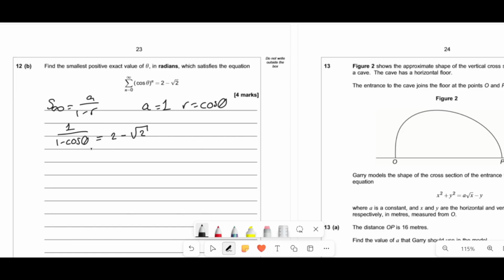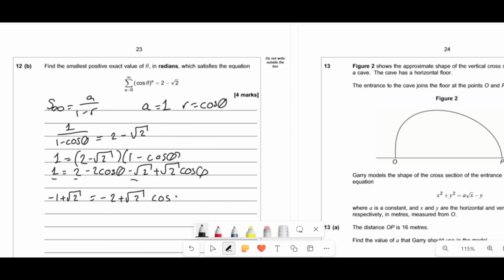So now we can tidy this up a little bit and say, okay, 1 equals 2 minus root 2 times 1 minus cos theta. So 1 equals 2 minus 2 cos theta minus root 2 plus root 2 cos theta. If I just collect all the like terms up, 1 minus 2 plus root 2 gives us minus 1 plus root 2, which equals minus 2 plus root 2 cos theta.